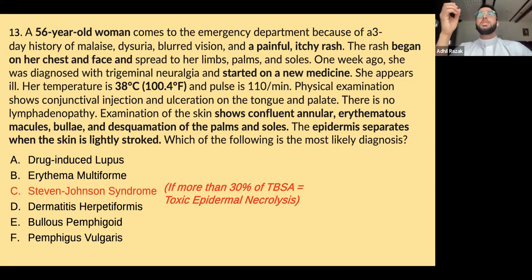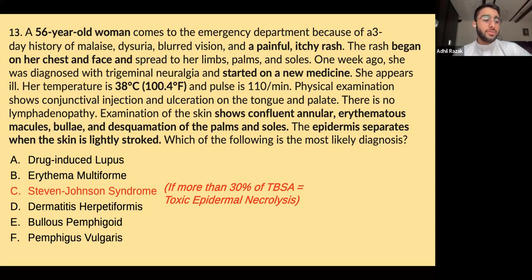The examiner expects you to assume that this patient is taking one of these medications. So what's wrong with this patient might be Stevens-Johnson syndrome, and if it's covering more than 30% of the body, it is a worse manifestation called toxic epidermal necrolysis.